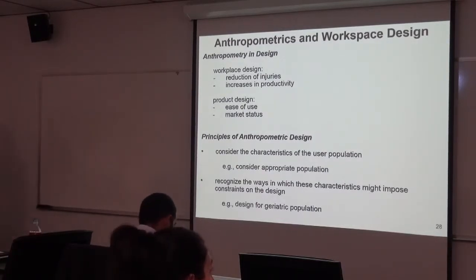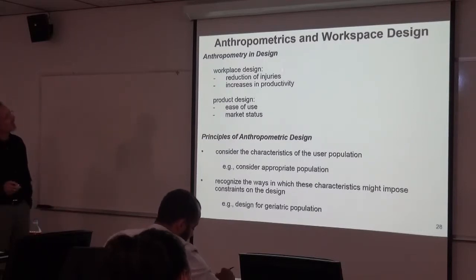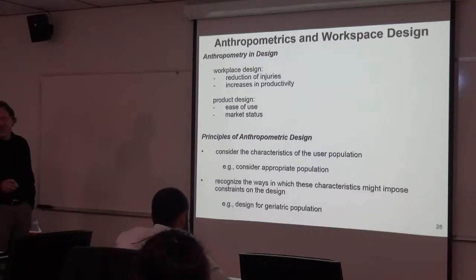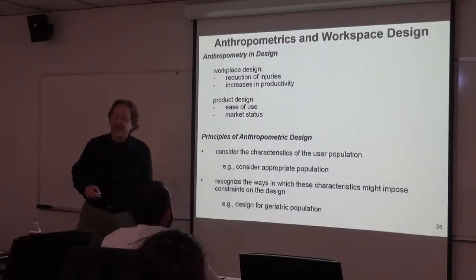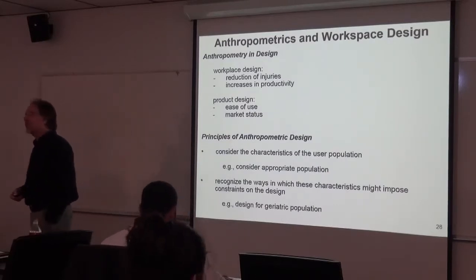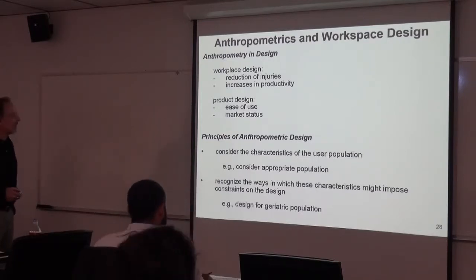And that usually influences market status. That's why we use that for anthropometric design of products. What we're more interested in, for our purposes, is workplace design, to reduce injuries. Designing things to fit people better so that they are less likely to injure themselves, either sitting or standing or using a tool.